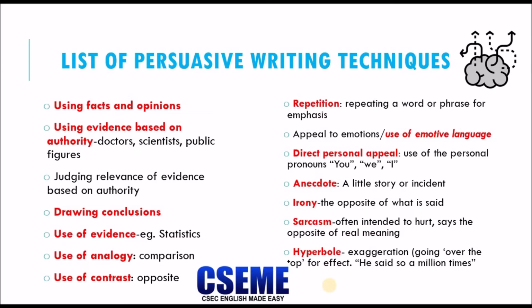But what I suggest is that you have at least 3, 4, 5, if you can, techniques that you find very easy to employ in your writing, so that you have them ready to say, okay, I know I can use repetition, I know I can use direct personal appeal, I know I can use irony, I know I can use hyperbole, and you employ them in your writing when you are writing under exam conditions.